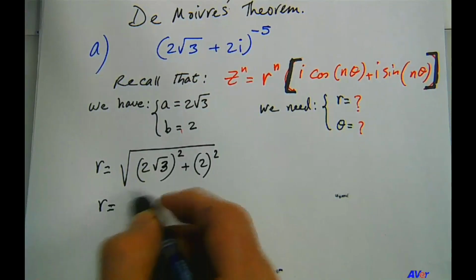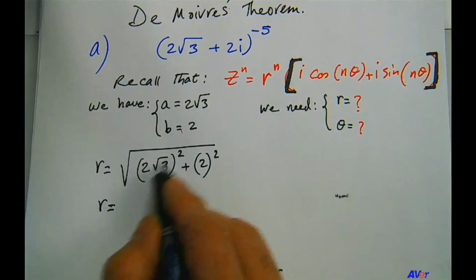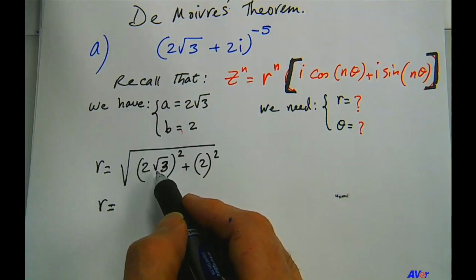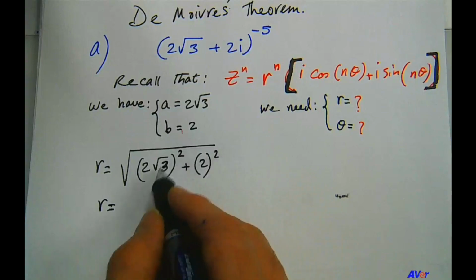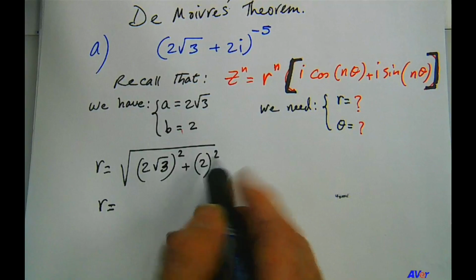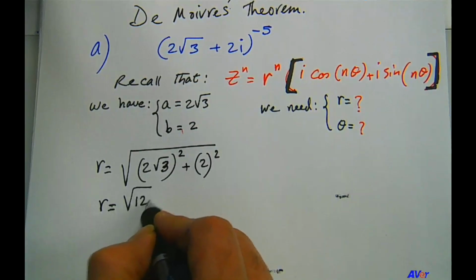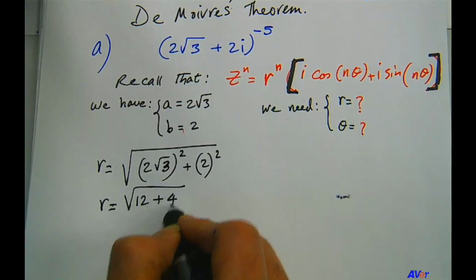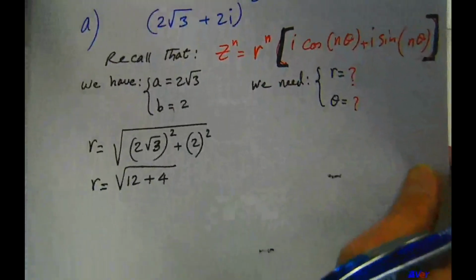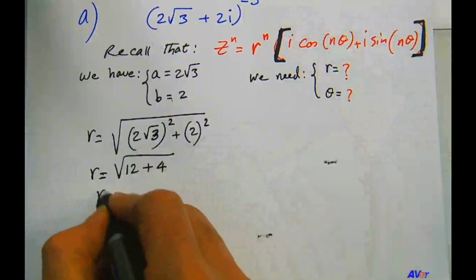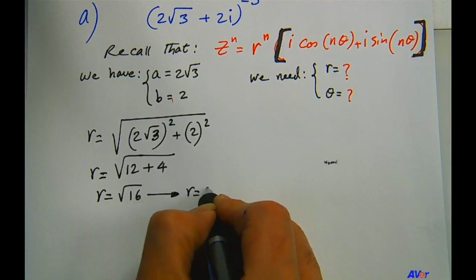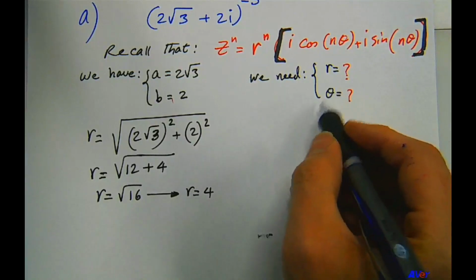And then r equals, what do we have? So distributing this, we have 4 times 3, right? Because square root of 3 squared is just 3. So that will be 12 here, plus 4, that's 16. So the square root of 12 plus 4 is the square root of 16, and so r is equal to 4. Now how about theta?